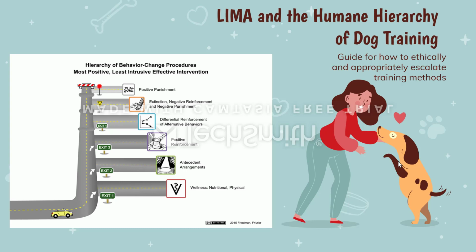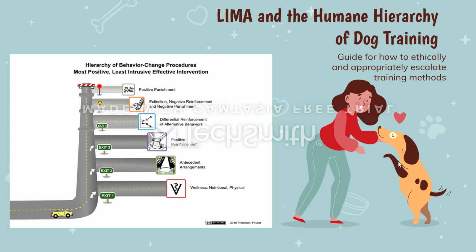If we're intentionally applying negative punishment, that's getting into not very fair to the dog. So we want to make sure we've hit all of these other exits before then. However, if you're considering extinction, negative reinforcement, or negative punishment, and extinction is where we're just keeping behaviors from occurring so they basically just go away, which often includes a lot of frustration.